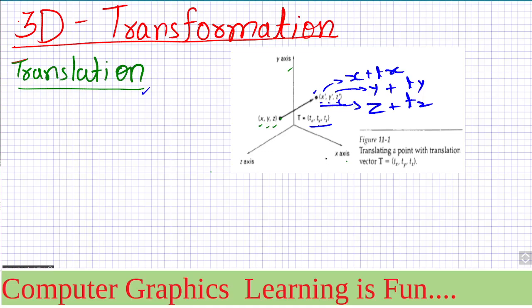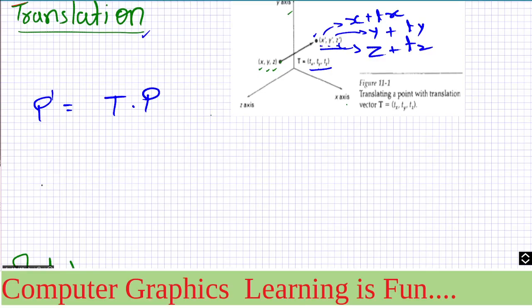Okay, so in terms of matrix operations it can be represented as the new p dash is equal to t into p. So the new p dash, if you are representing it as x dash, y dash and z dash, let me also include the homogeneous coordinate here.